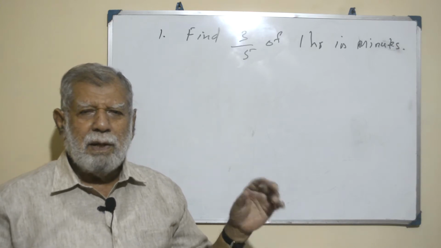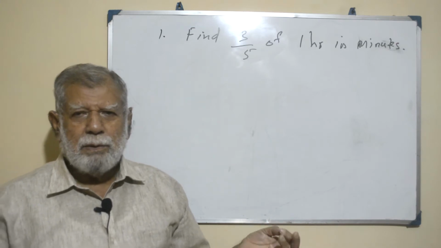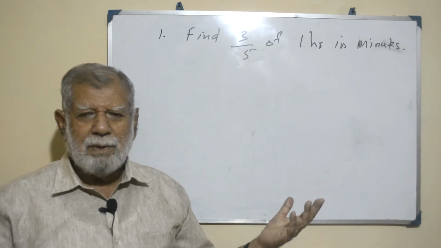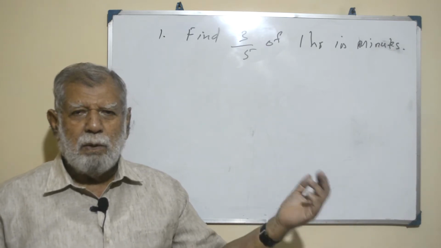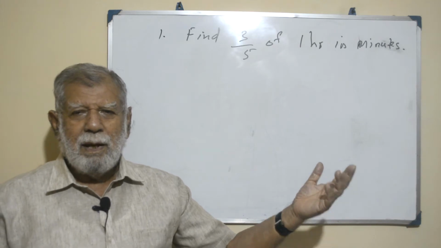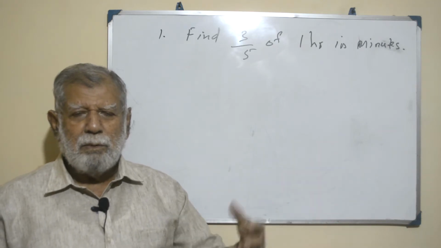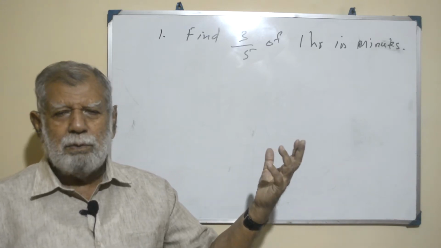And kilo means you get 1000. For example, kilometer, that is 1000 meters 1 kilometer. Same way, kilogram, 1000 grams 1 kilogram. So kilo means you get 1000.